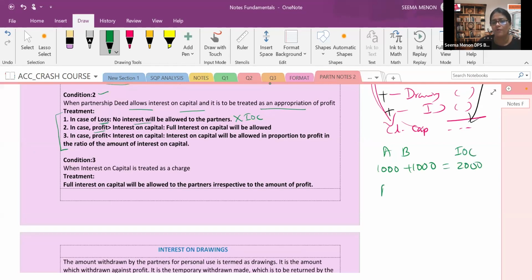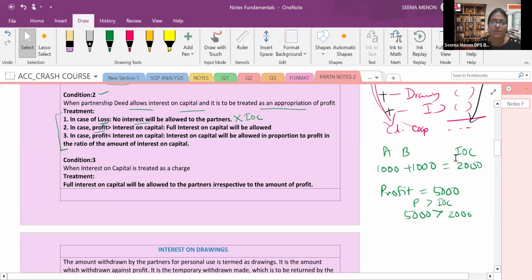The firm made a profit of how much? The firm made a profit of 5,000 rupees. So we know that the profit of 5,000 is greater than our interest on capital. Then definitely from our profit, we can appropriate. We can give the interest on capital from our profit. Appropriation of profit is possible. Okay.